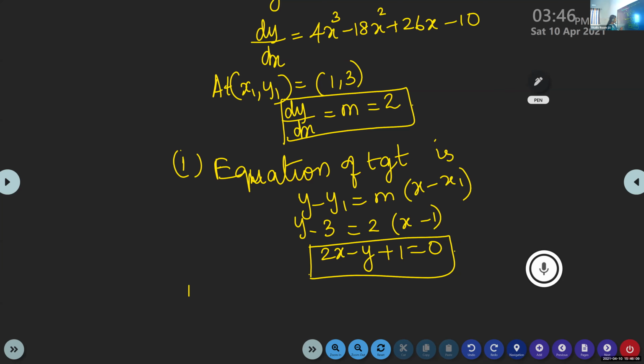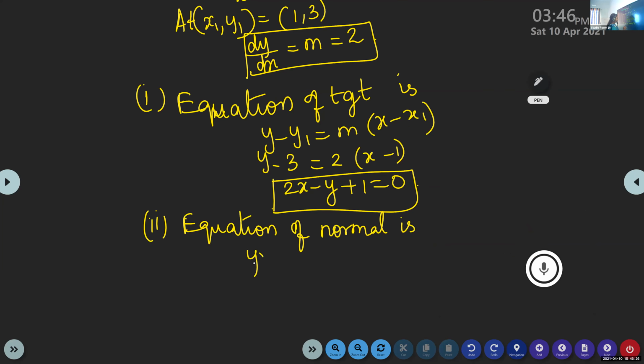Once you find the equation of the tangent, find the next thing, the equation of the normal. The equation of the normal is given by y minus y1 is equal to minus 1 by m into x minus x1. So what is y minus y1?